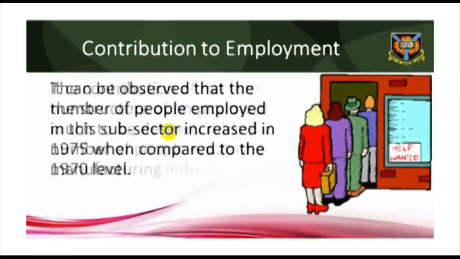It can be observed that the number of people employed in this subsector increased in 1975 when compared to the 1970 level. This is evident from the index of the number of people employed, which rose from 28.4% in 1970 to 53.8% in 1975.